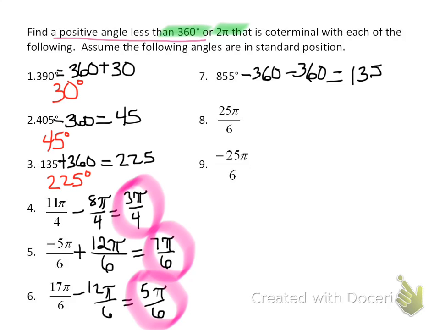How many extra rotations do I have in positive 25 pi over 6? Good. So I have 2 full rotations. How do I express 2 full rotations in terms of sixths of pi? 12 pi over 6 is 1, so 2 would be 24 pi over 6.